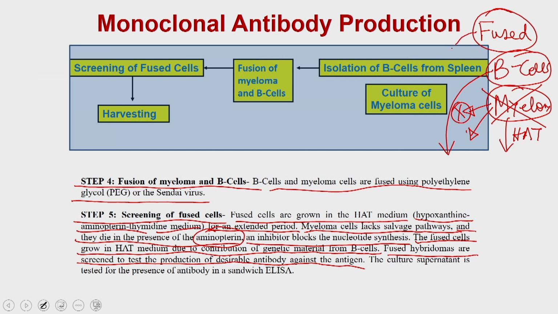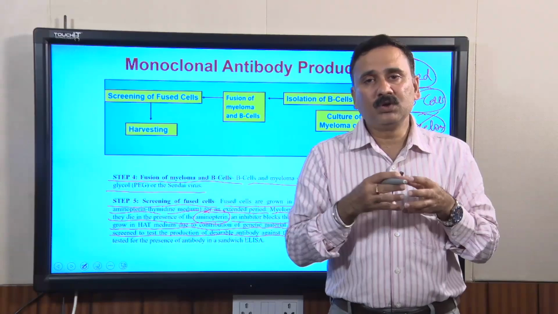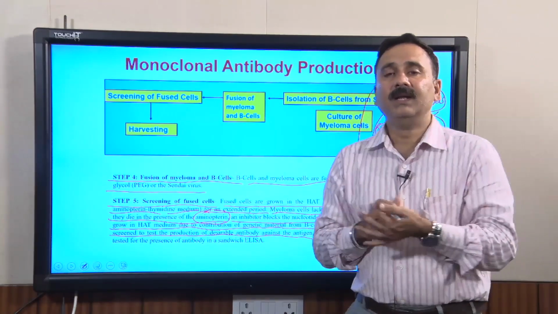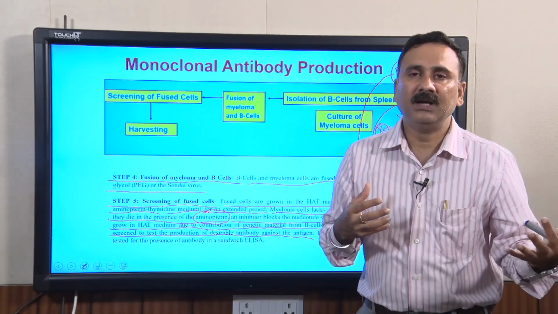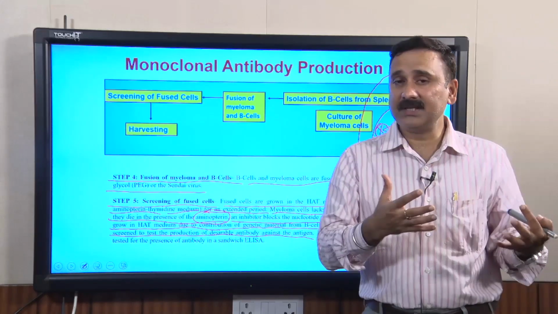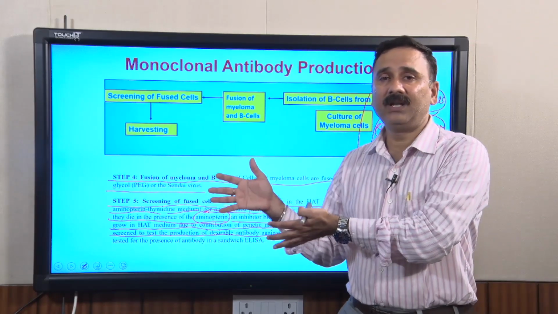The only population which is going to survive is the fused cells, because the fused cells are going to produce nucleotides by utilizing the machinery of the B cells, whereas the myeloma cells make these fused cells transformed cells. So, the fused cells are going to propagate for a very long time, because they have the component of the myeloma cells, which are transformed cells, and have the tendency to grow for a very long time.